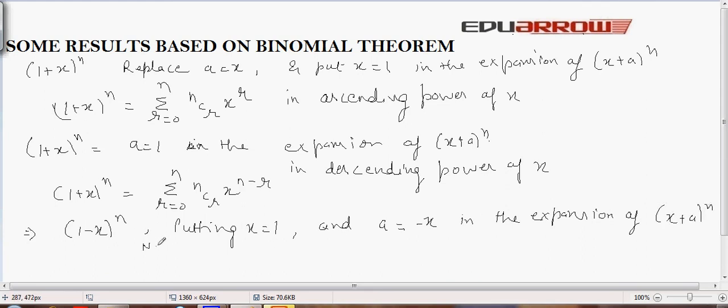We get the expansion of (1 − x)^n, which will be equal to the summation of r = 0 to n of (−1)^r nCr x^r.